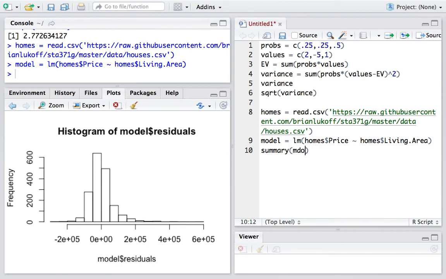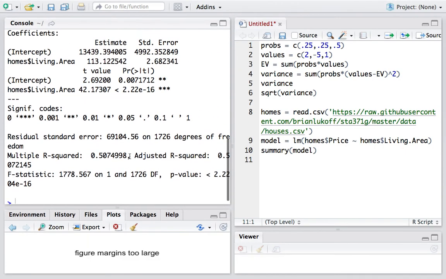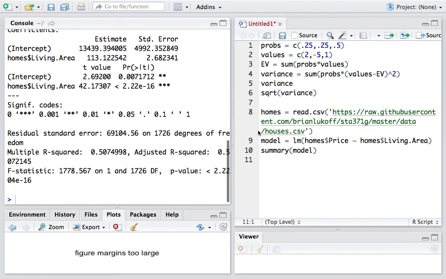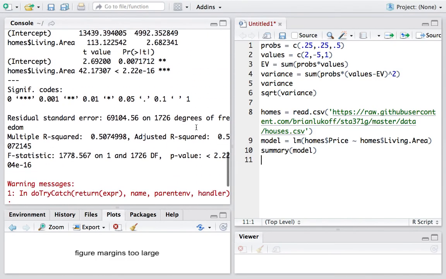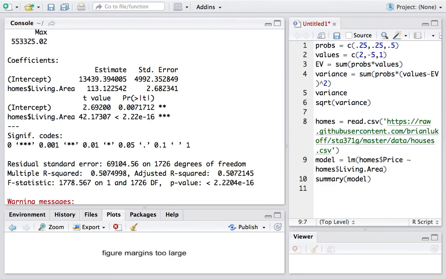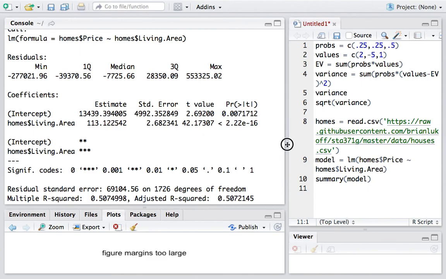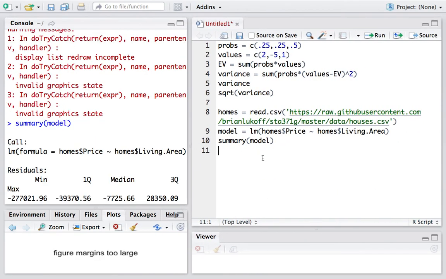I got that original page by doing a summary of this model. Let's get a better looking summary than that. Mine's squished a little bit because of my window size, because the font's so big, but that way you in the back can see. You've seen that already. So now we want a residual plot.